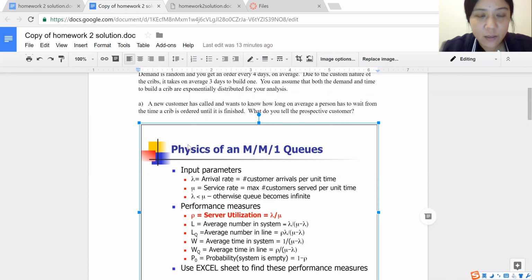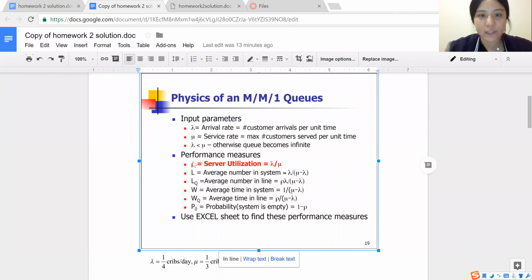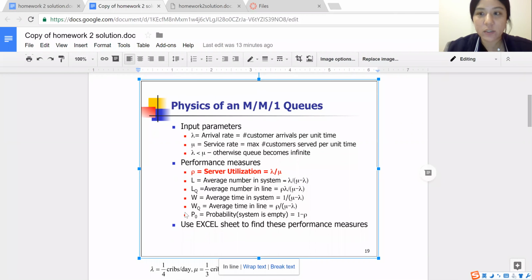So I am about to calculate the first problem's question A. And let's look at the formulas. For question A, we need to calculate the average time in the system. So we need to use this formula, right? W, the average time, equals 1 over mu minus lambda. Mu is the service rate and lambda is the arrival rate.